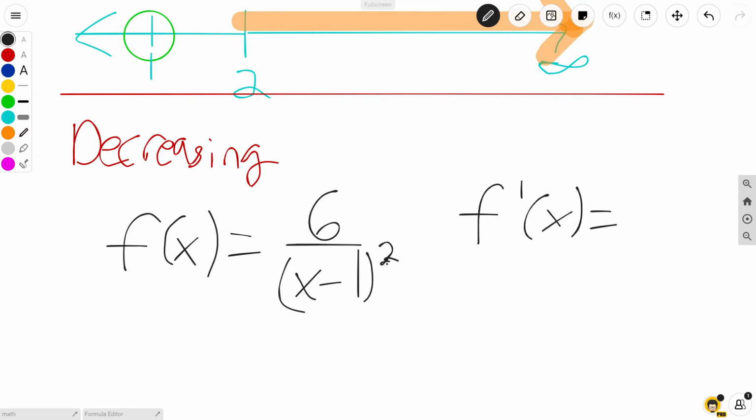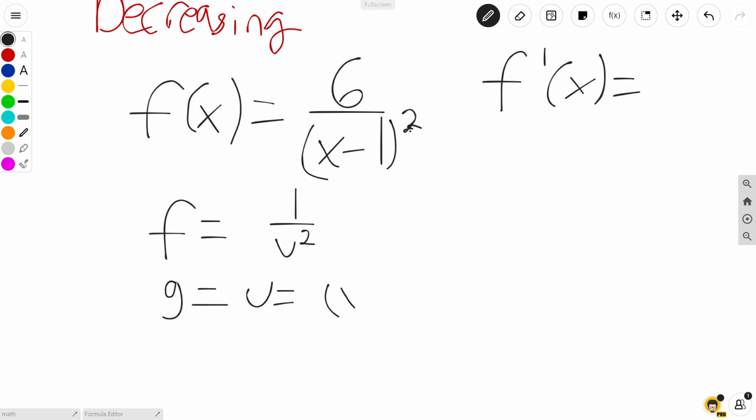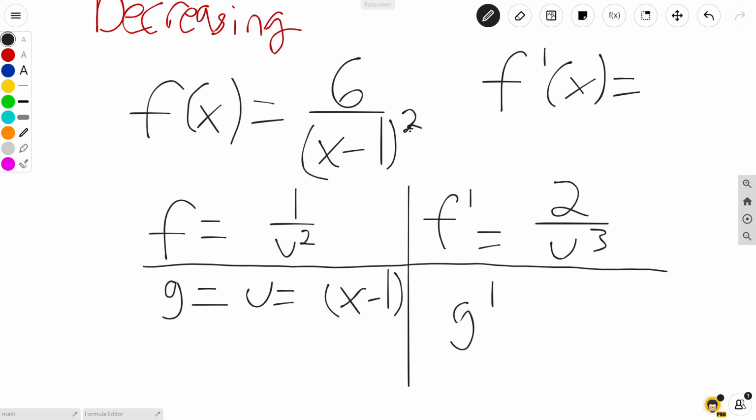And f prime of x, when we take the derivative, which we're going to quickly do by applying the chain rule. And if you don't know the chain rule, I do have a video on it, so I'm just going to fly by it. So the derivative is, I'm going to remove the constant, 1 over u squared. u is equal to x minus 1. F prime is equal to 2 divided by u to the third. And then g prime is equal to 1.